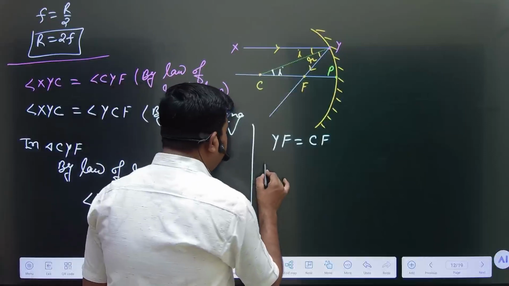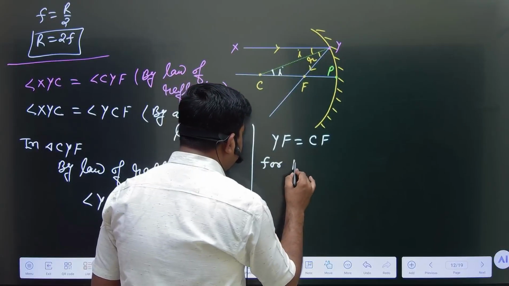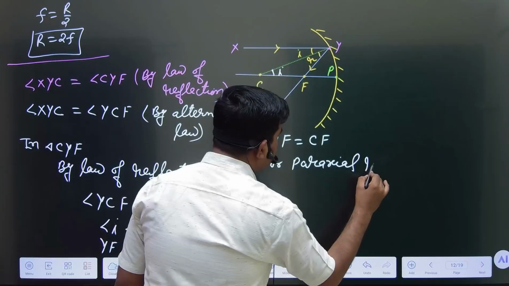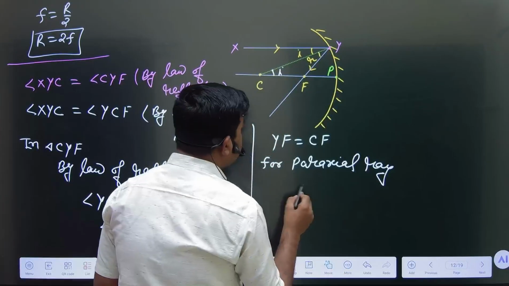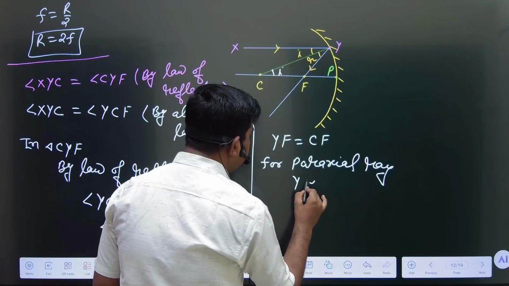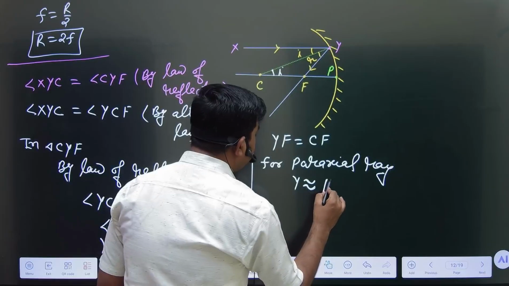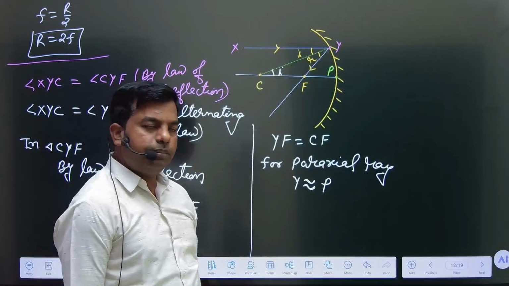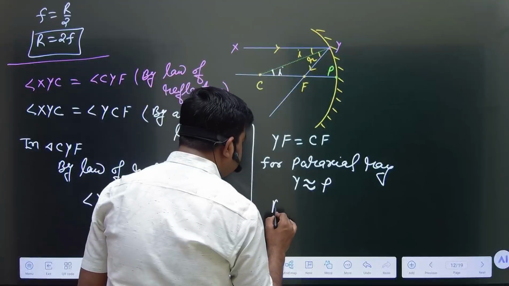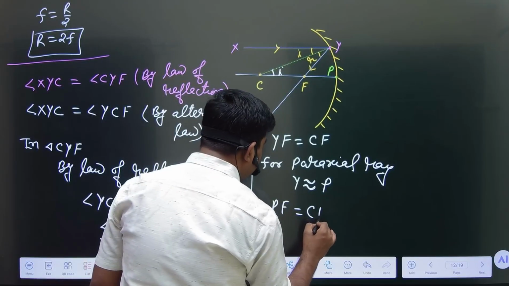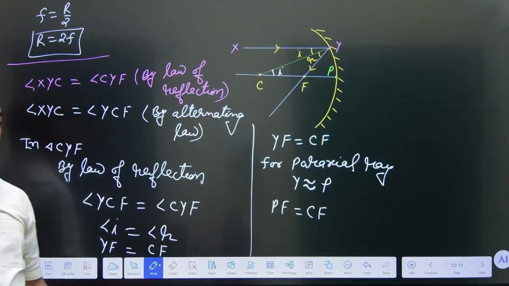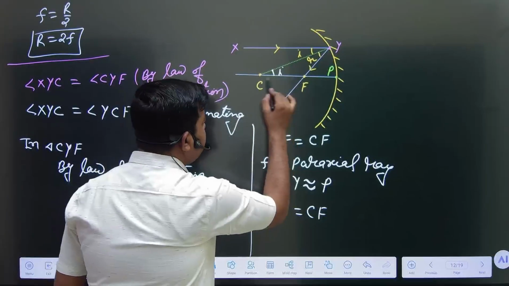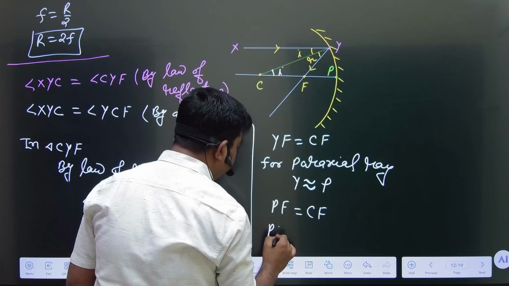So we get here for paraxial rays. Paraxial rays are those light rays which are incident very close to the pole. So Y is nearly equal to P, because this light ray is incident very close to the pole. So PF is equal to CF. And we know all distances are measured from the pole.